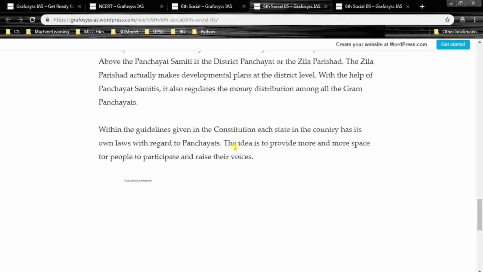So they have made their own laws. The idea is to provide more space so that people can participate in their own way, and raise their voices for their rights, for the development of their locality and all.